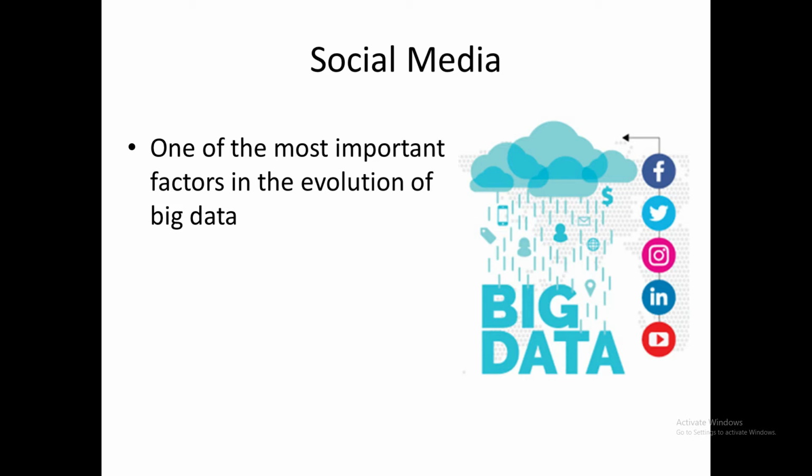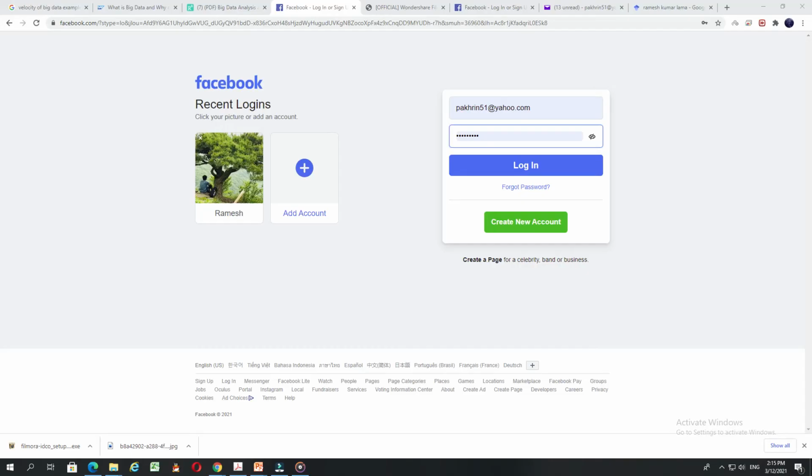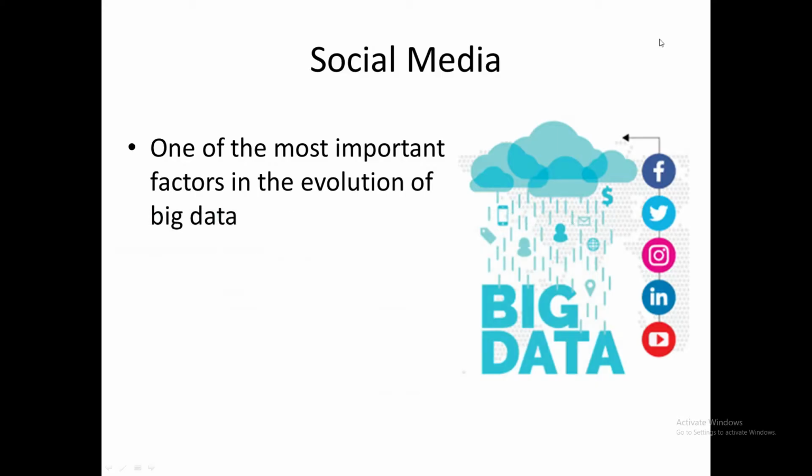Nowadays everyone is using Facebook, Twitter, Instagram, YouTube, and a lot of other social media websites. These social media sites have so much data. It will have our personal details, like our name, age, gender. Apart from that, it has data of each person, and even our likes or our reactions.